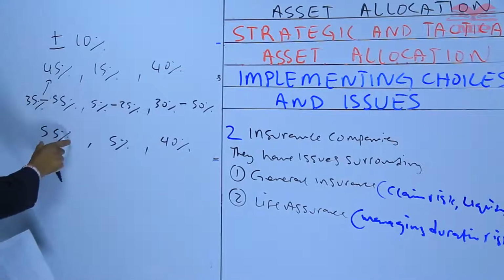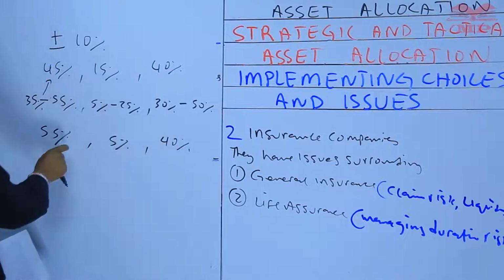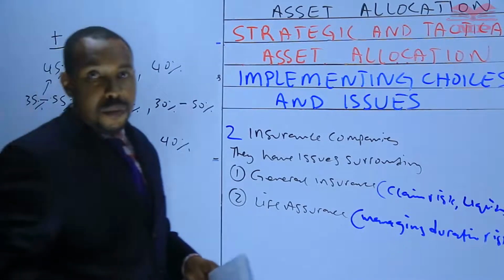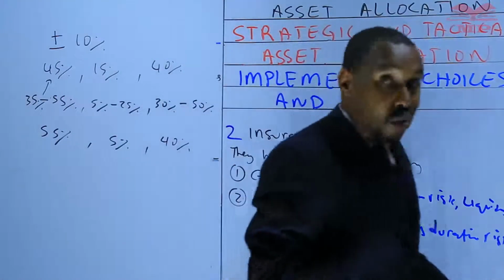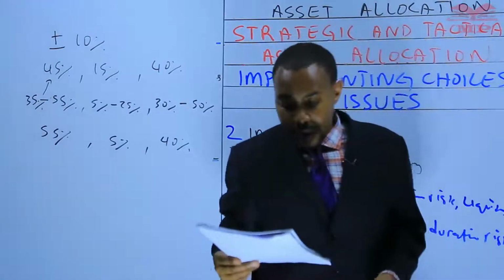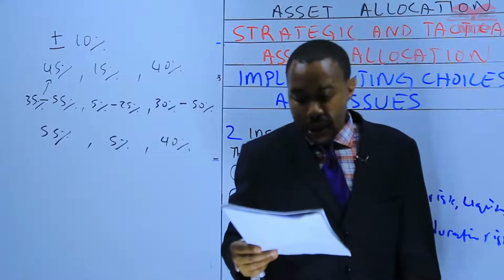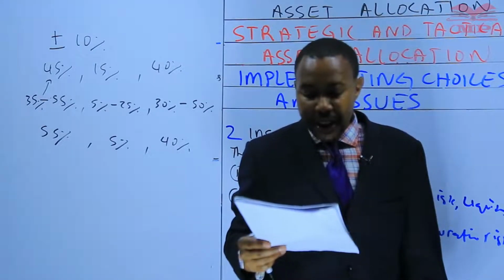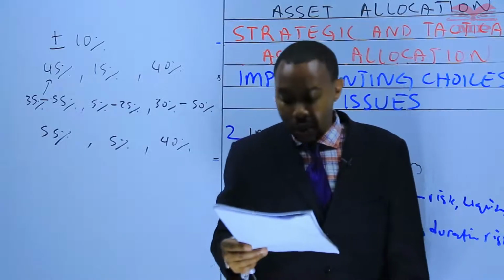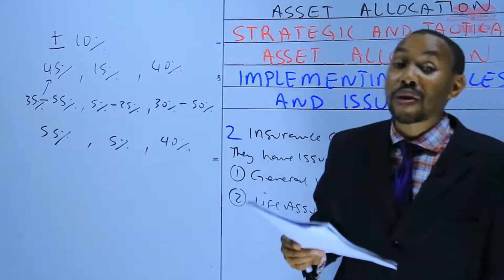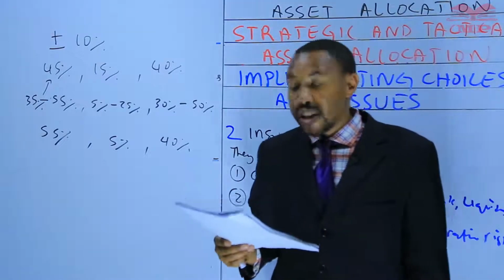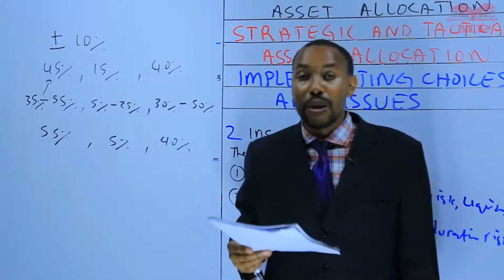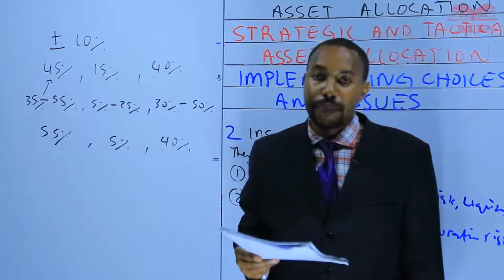So we are within the range as specified by the IPS, which is right over there. So we can conclude, in answering part one, that when we're told to evaluate whether the recommended tactical asset allocation is feasible, we can say that William's tactical asset allocation is within the tactical ranges allowed by the endowment based on the IPS.